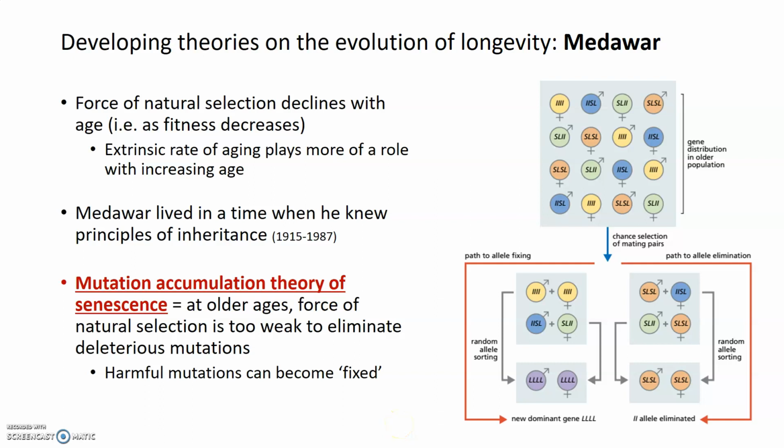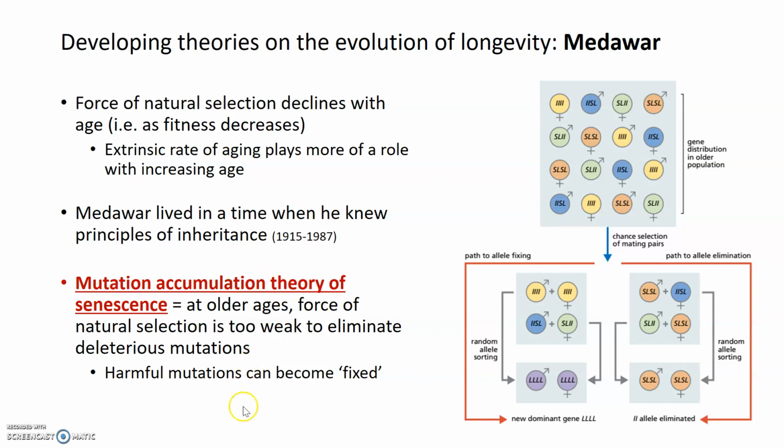So we have already talked about how Medawar's theories of evolution posited that the forces of natural selection decrease with age, or as fitness decreases, because the extrinsic rate of aging, or the environment, starts to play more of a role.